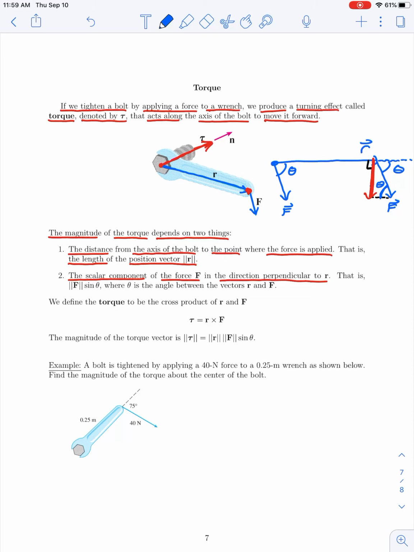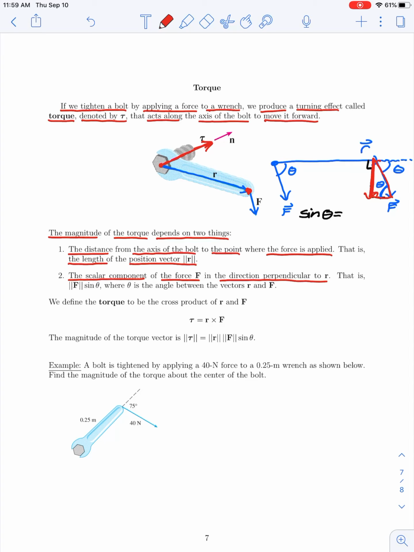If I were to take the sine of this angle theta, we can see that there's a little right triangle being formed by that angle theta.